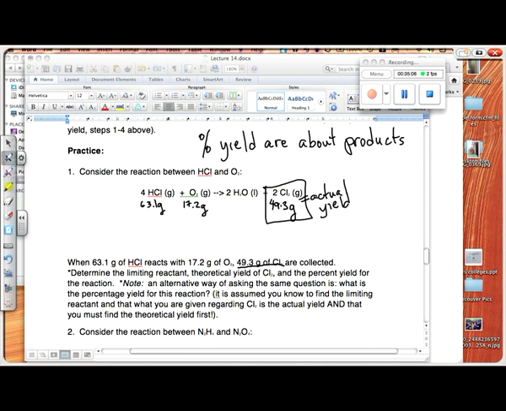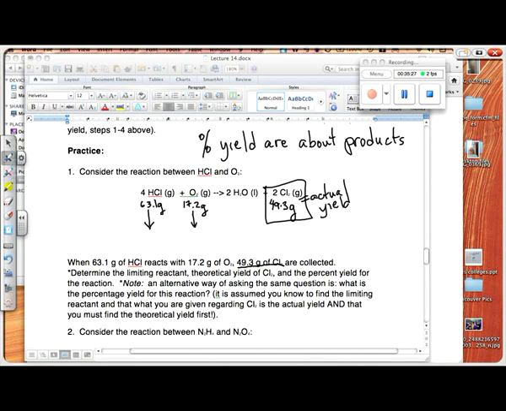Okay, so this is how this second sentence here with the stars is actually worded in your textbook. Determine the limiting reactant, which you would do first, because you have been given amounts for two reactants; convert them both to moles. You then have to do the theoretical yield, and then you can get the percentage yield using this actual yield you've been given.